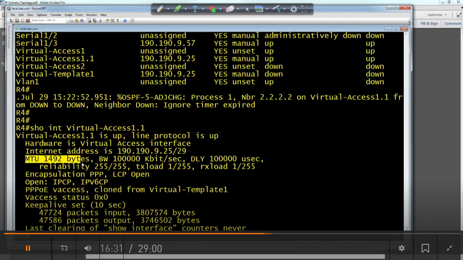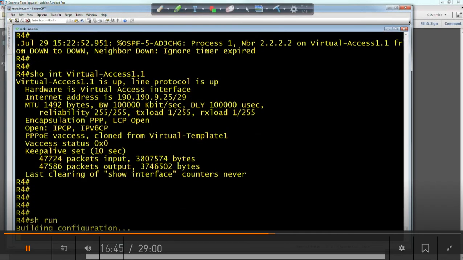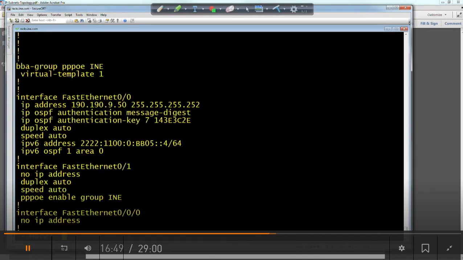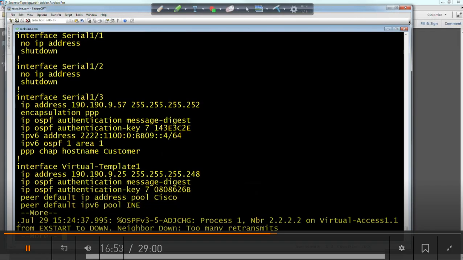And you might be thinking, well, why isn't the other side 1492? I mean, they're both PPP over Ethernet. Weren't they both smart enough to do that? Well, I think here's the reason. This is the only thing I can think of. If I do a show run here, remember that virtual access interface was created dynamically as a result of this virtual template.